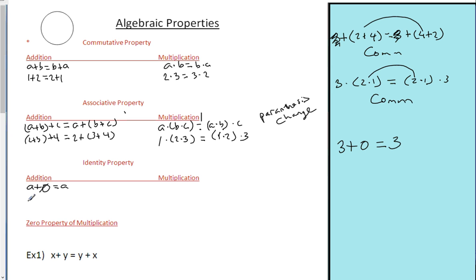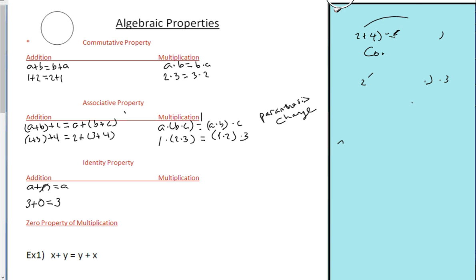Welcome to first grade. So 3 plus 0 is equal to 3. That is the identity property of addition.